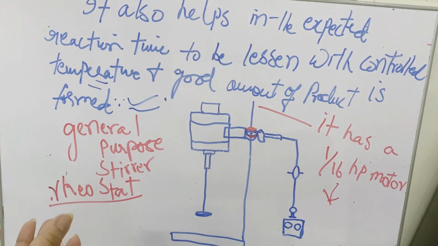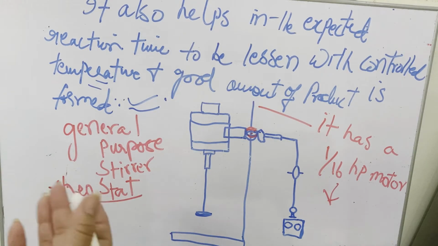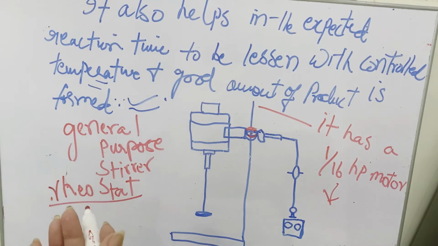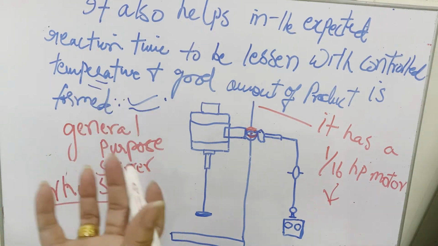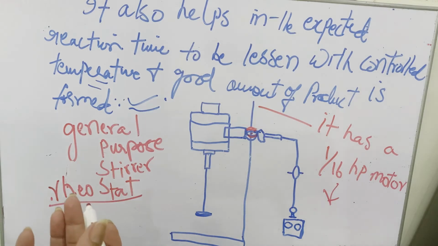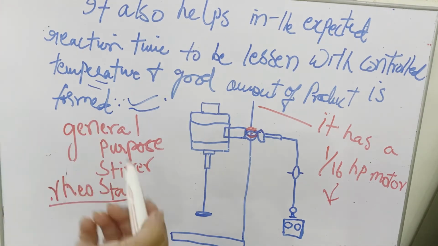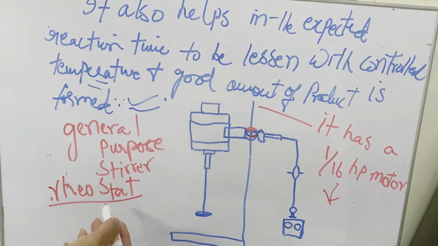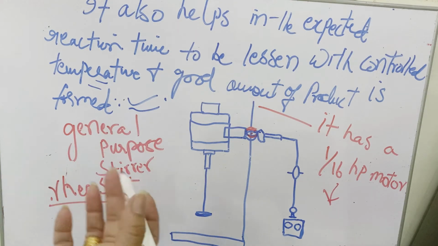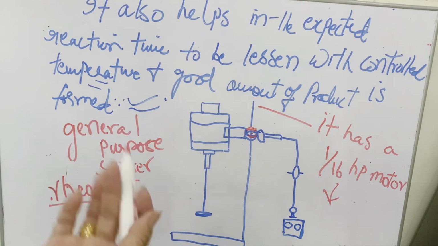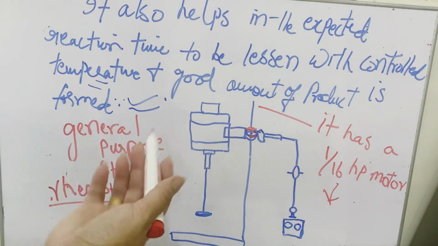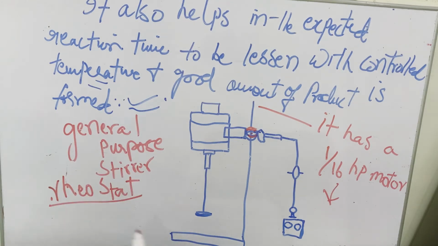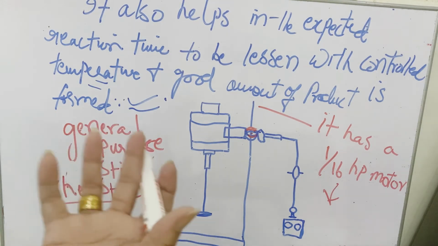It is simply employed to mix viscous solutions. Rheostats are employed when you are dealing with very viscous types of solutions. It is only used for monitoring or controlling the speed of the stirring instrument, and it is run by electricity, right?